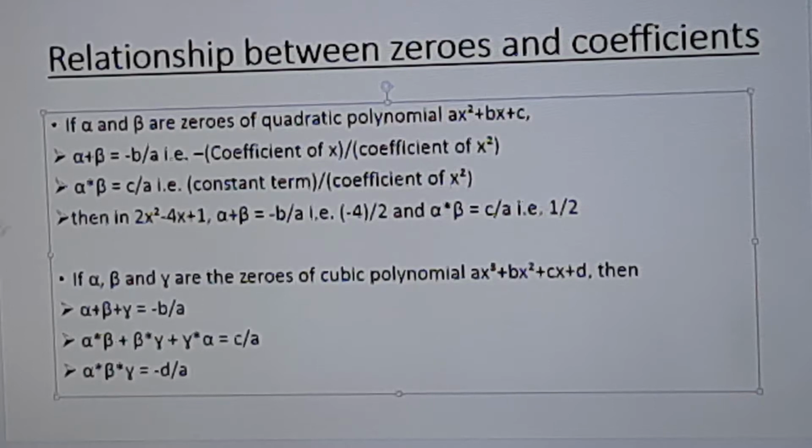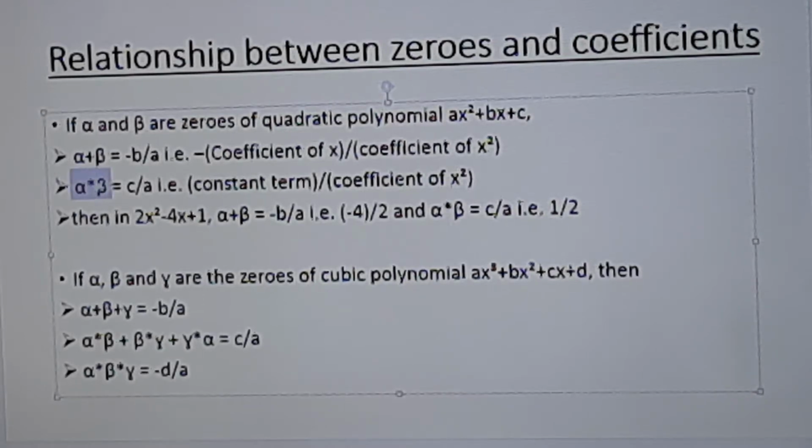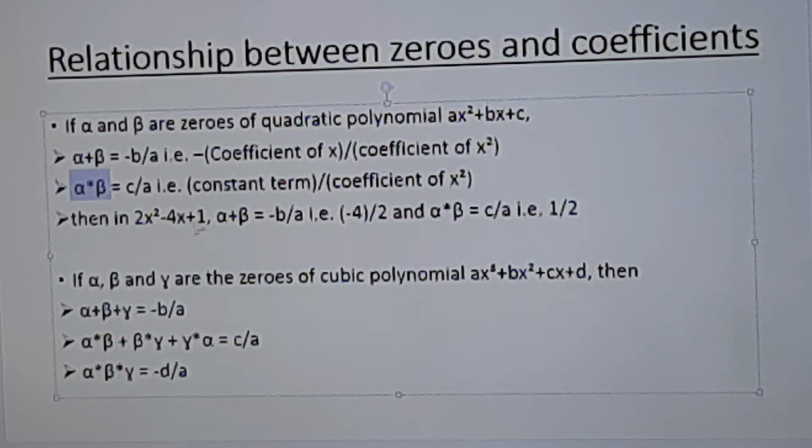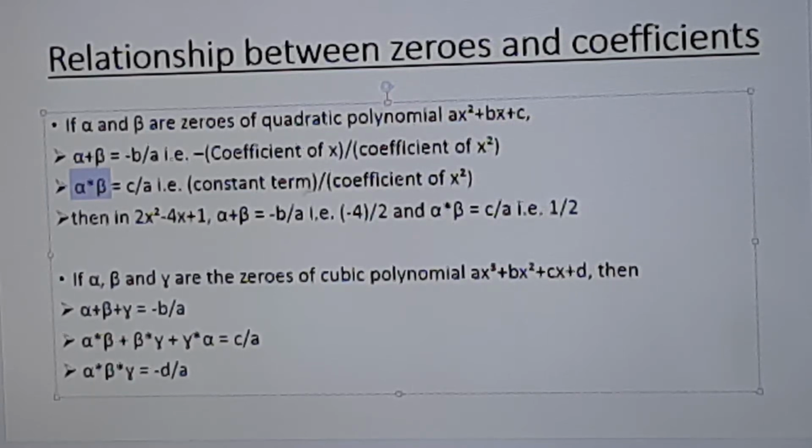And if you take the product of zeros, that is alpha into beta, it will be c upon a. C is your constant term and a is coefficient of x square.